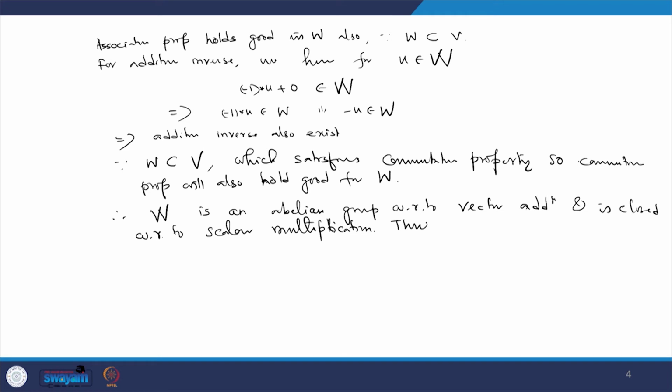Thus, W is a subspace. So, W is a subspace of V.